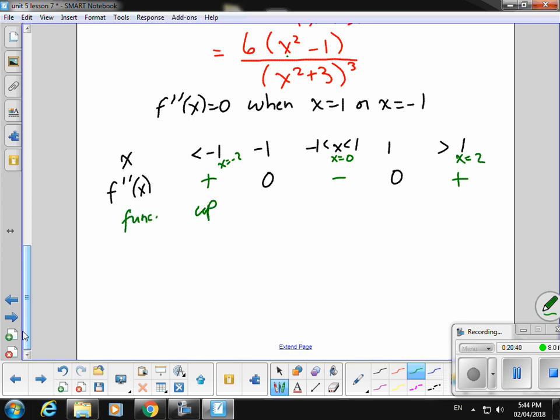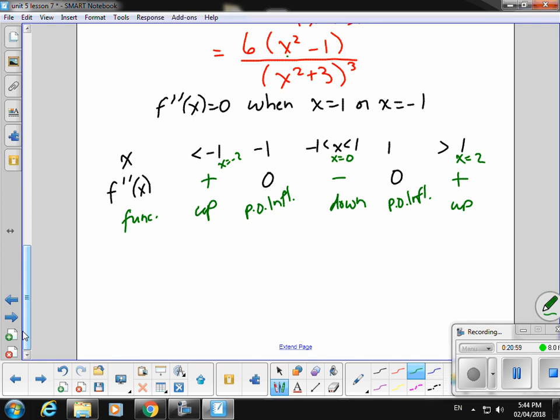The function is concave up. It is concave down. It is concave up again. I have a point of inflection. I have another point of inflection where we have changed concavity. Those points would be really, really helpful.